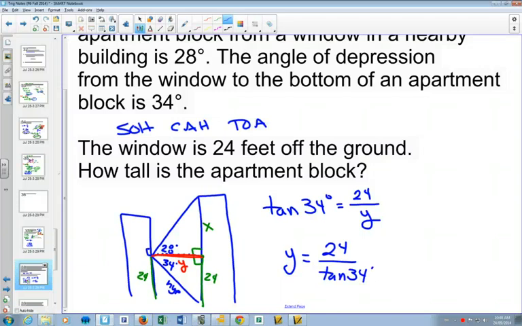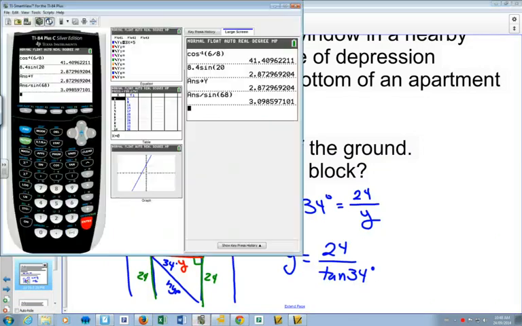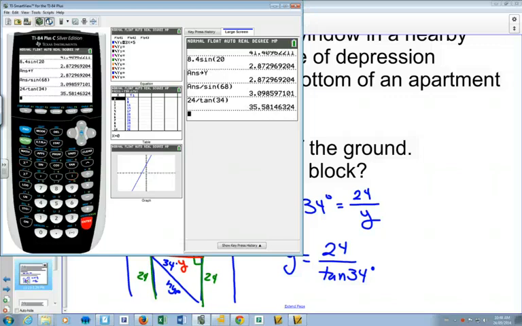And you'll get y is 24 over tan 34. 24 divided by tan 34. And we get 35.58. I'll keep all those decimal places for later.